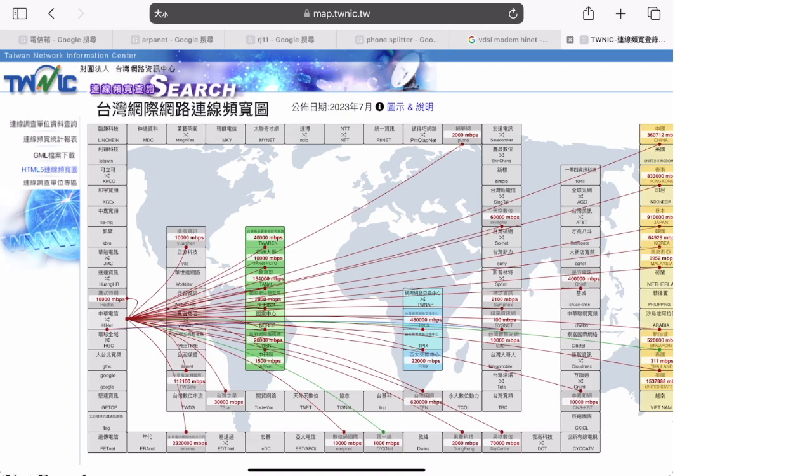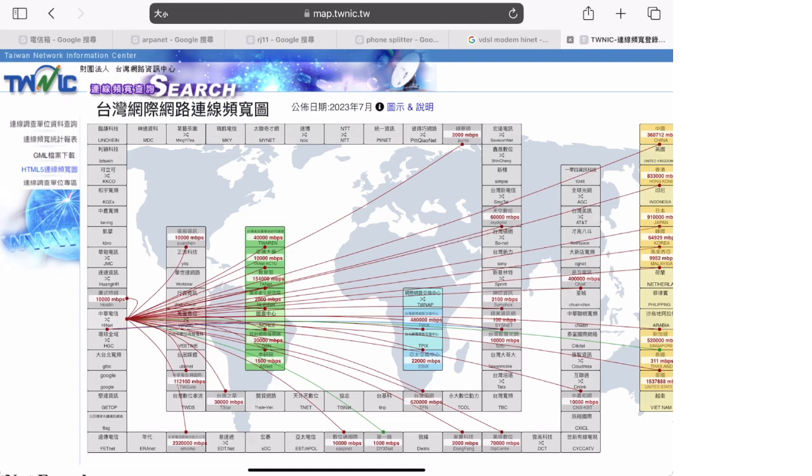Let's take a look at one of the links, from HiNet to the United States, which is the yellow color at the right hand side, the bottom one. HiNet has a direct link to the United States, and of course the United States is just the country name. Basically, HiNet builds those communication links with the ISPs in the United States.